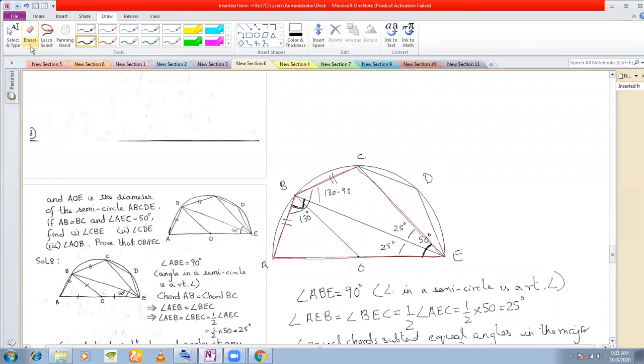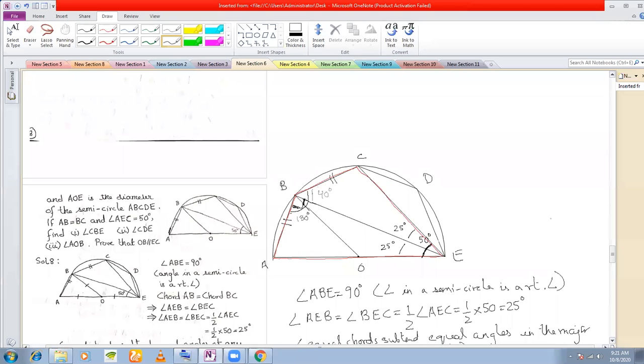I'll just label this angle here so that I may use it later. So this is my 40 degrees I found out. And this entire angle I have found out to be 130 degrees here. Okay.